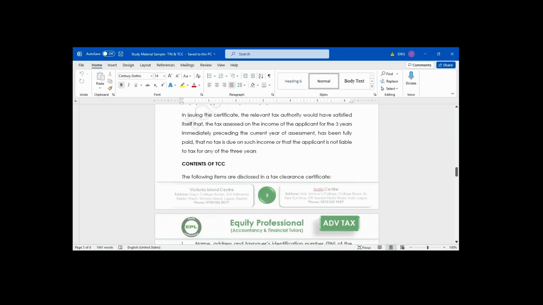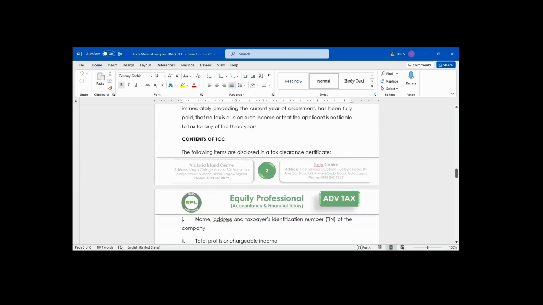Content of tax clearance certificates. If the tax authority wants to issue a taxpayer a tax clearance certificate, what are the contents of that certificate?